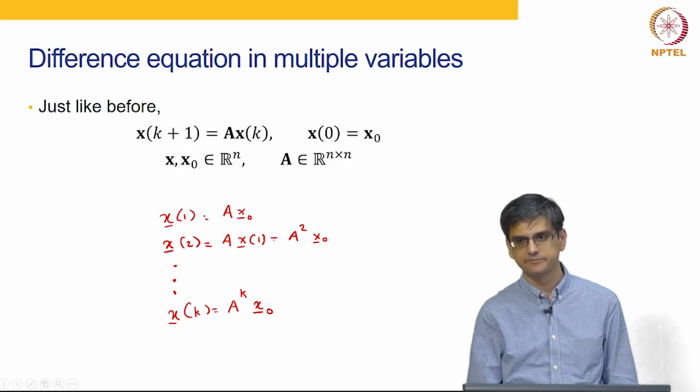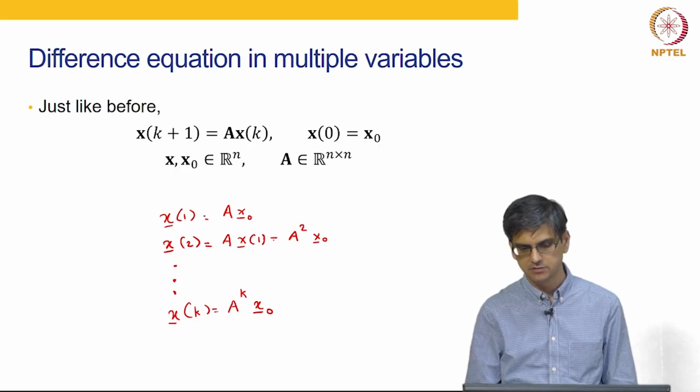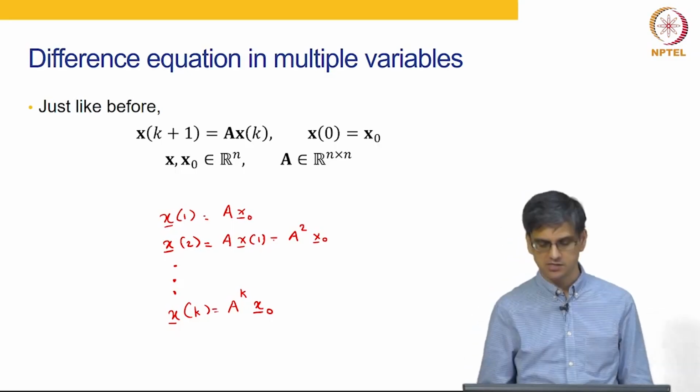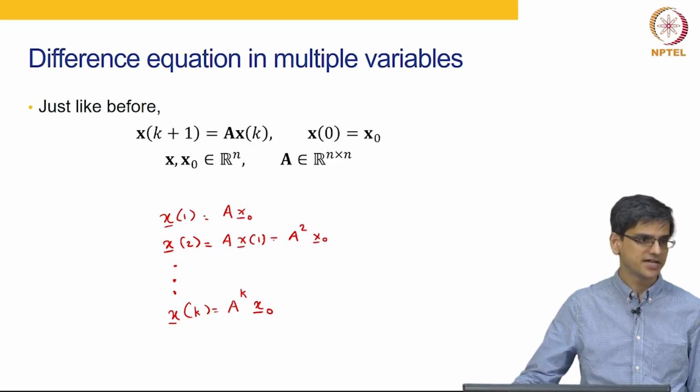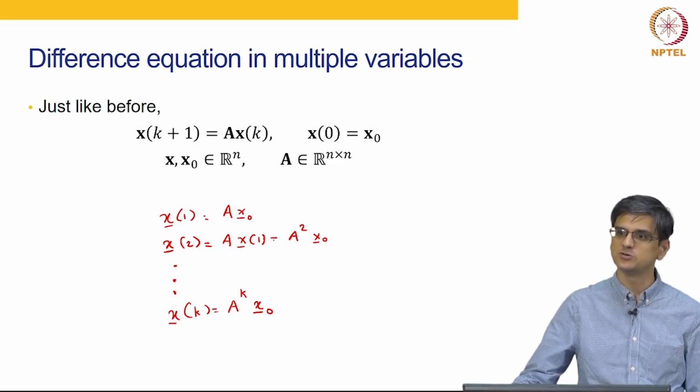Okay, same fundas, pretty much behaves in the same manner. And again, because A is square, that is why you can do A squared, A cubed, A to the power 3 and so on.